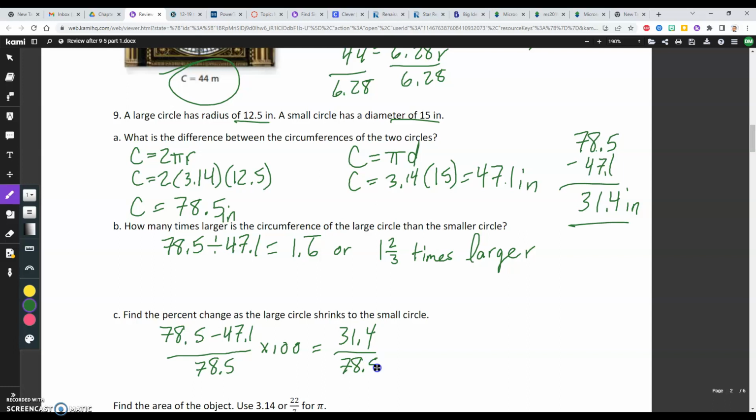We're going to divide that by 78.5. So 31.4 divided by 78.5, and then times 100, and I'm getting 40.2% decrease.